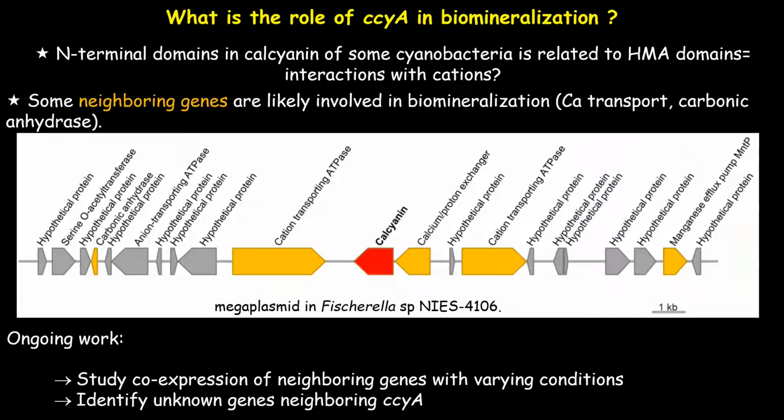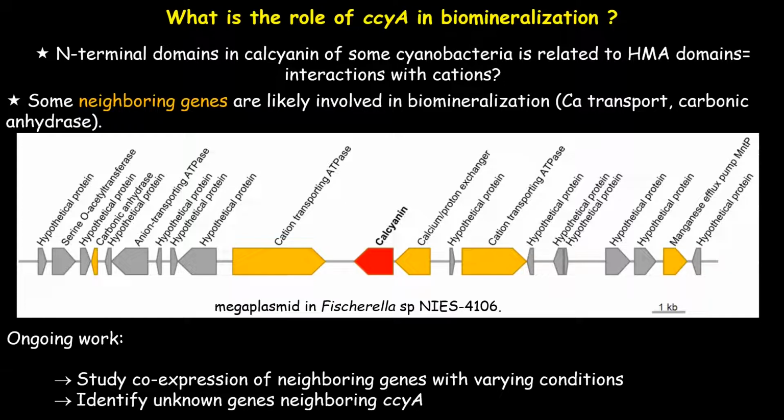So what is the role of calcyanine? You see now it's going to be quick because we don't know much. But again, still based on the information that is available in the databases, we can infer several things. First of all, I told you that this calcyanine protein is composed of 2 domains. And I told you that one domain, the one on the N-terminal, is pretty variable.